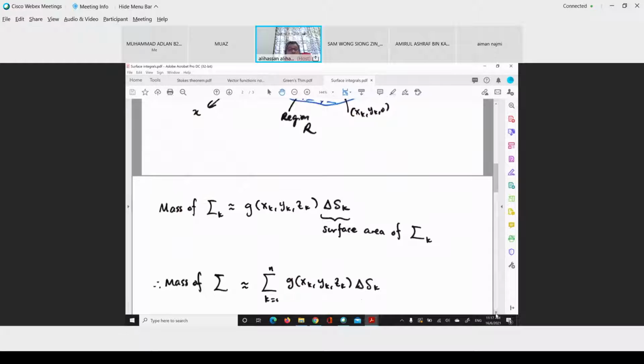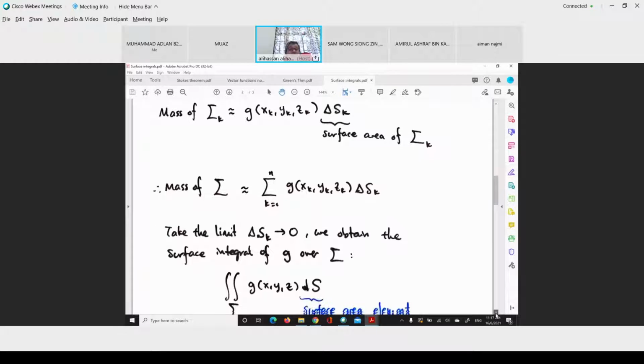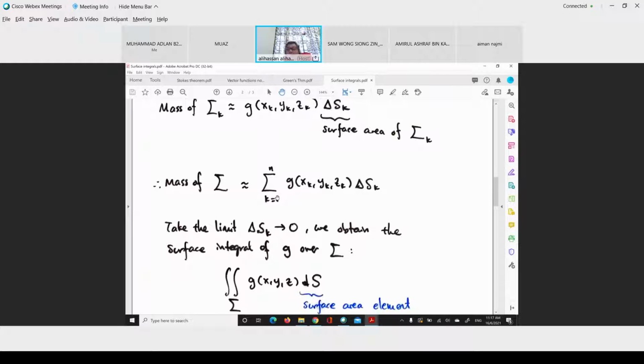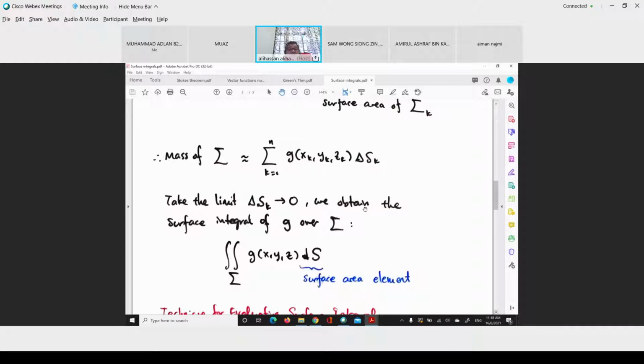So to come up with a better and better estimate, we use smaller and smaller partitions. That means increasing the number of partitions n here. So we define the actual mass as the limit of this summation as n tends to infinity.